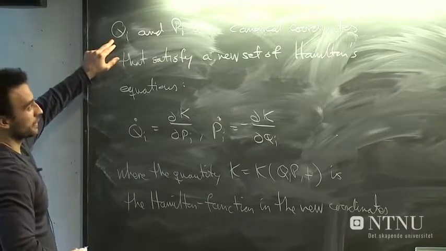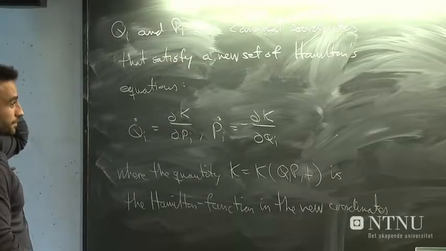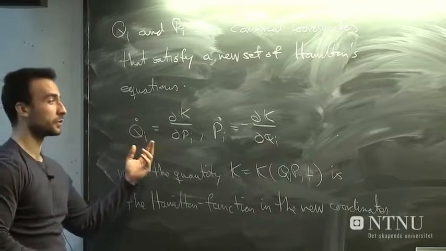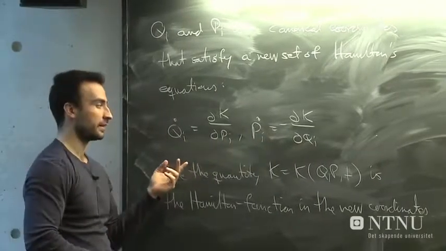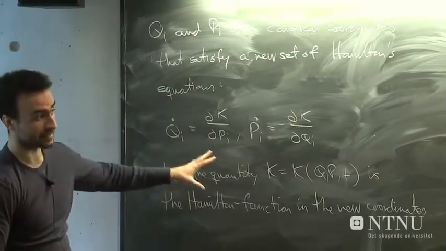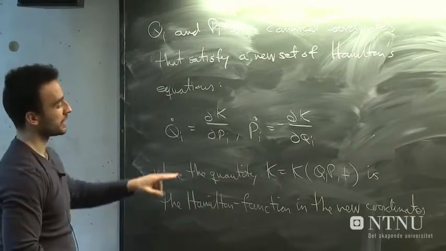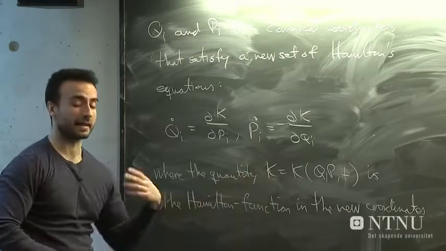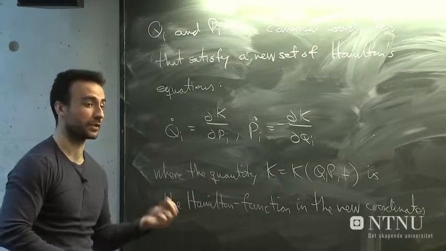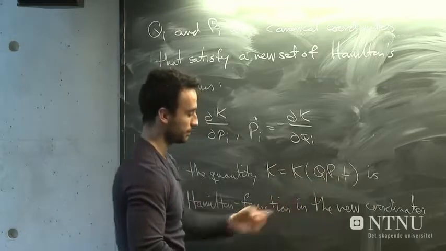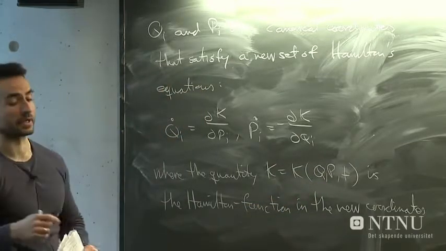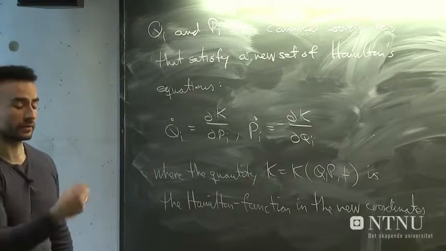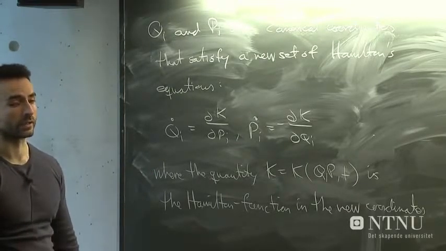So these quantities Q and P are canonical coordinates which satisfy a new set of Hamilton's equations, which have exactly the same form as the ones we're used to, but instead of H, we're now using K, where K is the Hamiltonian, but expressed in terms of these new variables. So basically by substituting our transformation equations into the old or original Hamiltonian.